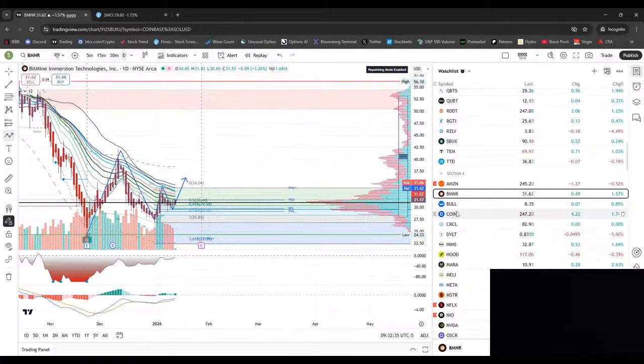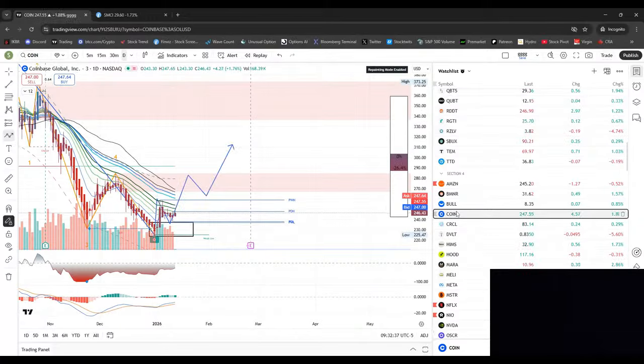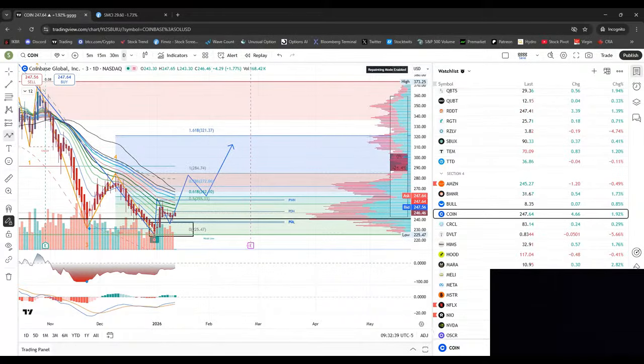Okay, circle coin 247. Coin is bullish. Let's see. I took a trade on the coin yesterday. Yes, coin. $30 per contract. So that's $150 to book the profit.